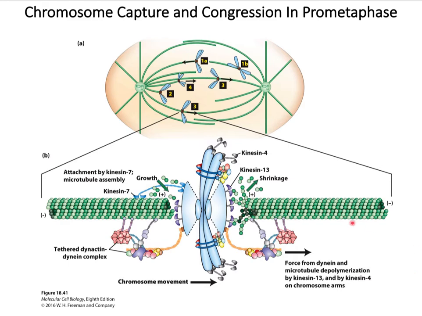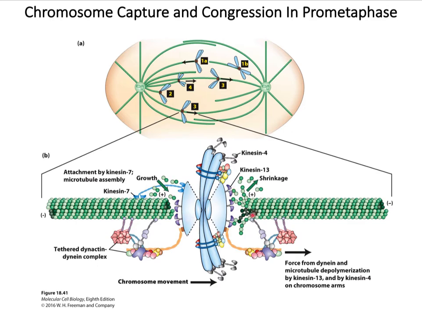So what happens after the congression of the chromosomes? There is an ongoing tug-of-war kind of thing going on, with one set of kinetochore microtubules shortening, whereas the others are elongating, which is known as the bidirectional oscillations of the chromosomes.